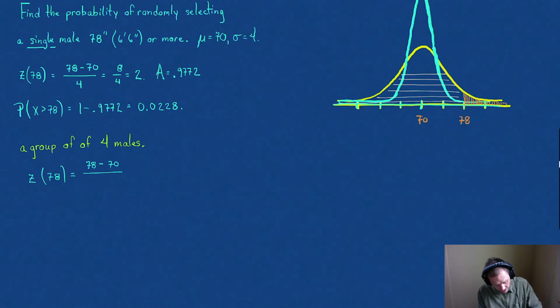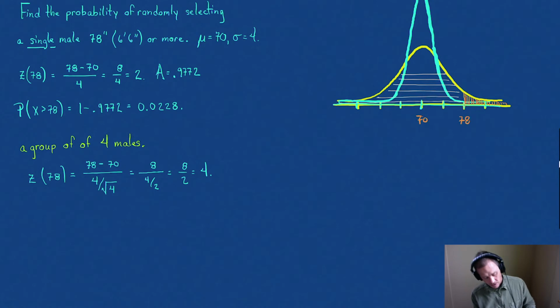The standard error of the mean is the standard deviation divided by the square root of the sample size, which in this case is 4. So this gives me 8 over 4 divided by the square root of 4. Well, that's 8 divided by 2. That's 4.